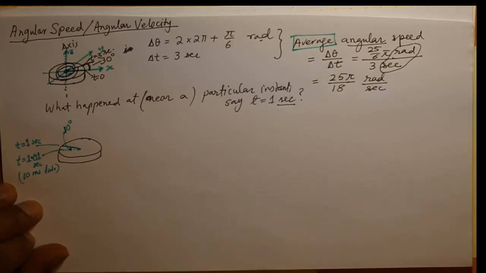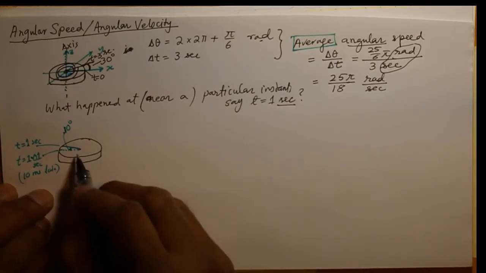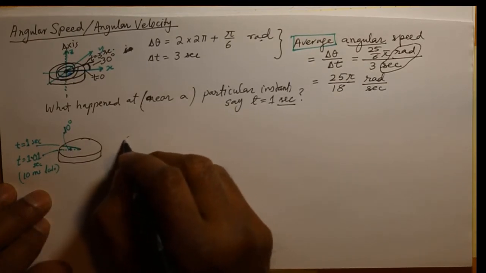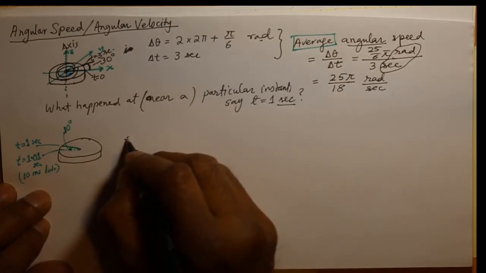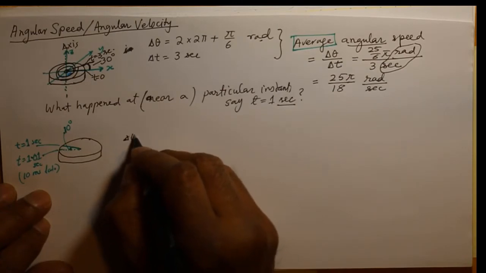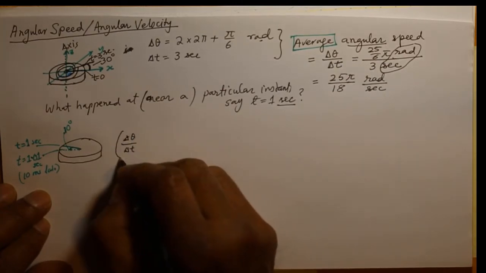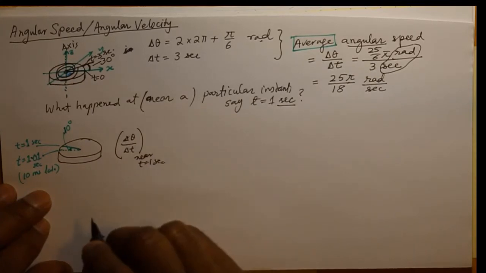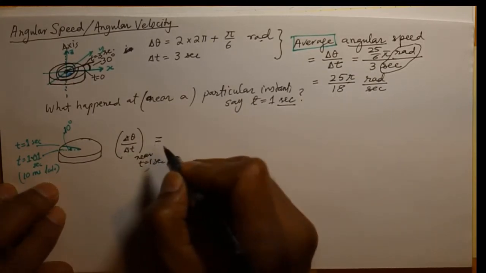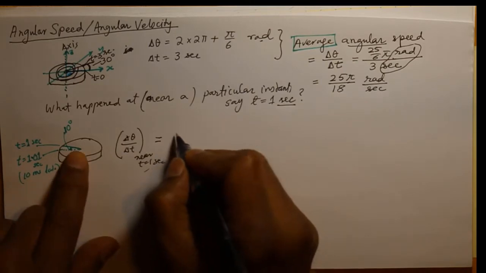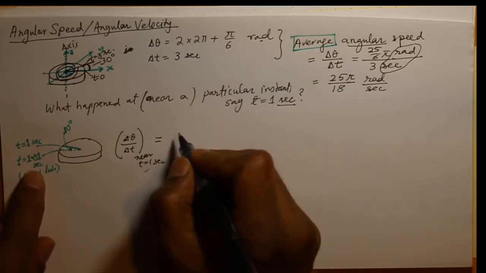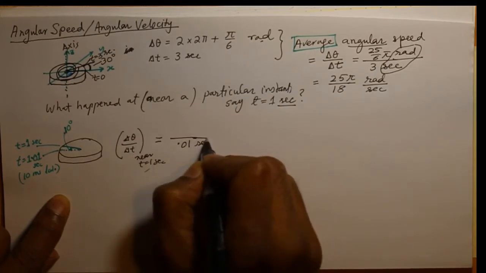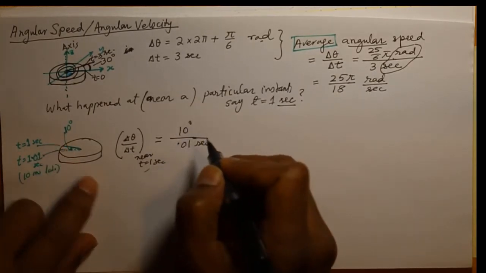So around here I will have average speed delta theta over delta t near t equals 1 second. You might decorate all of this just to tell what you're doing. Between these two times it took 0.01 second and it went 10 degrees.